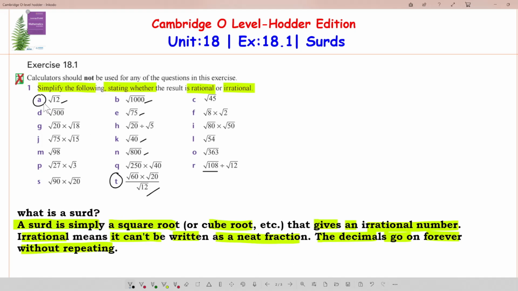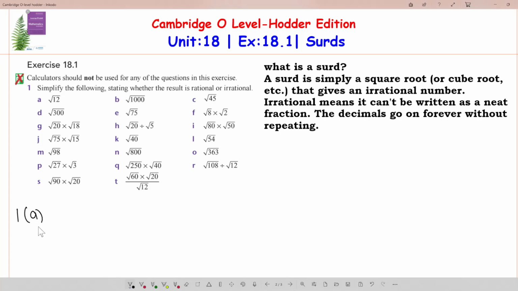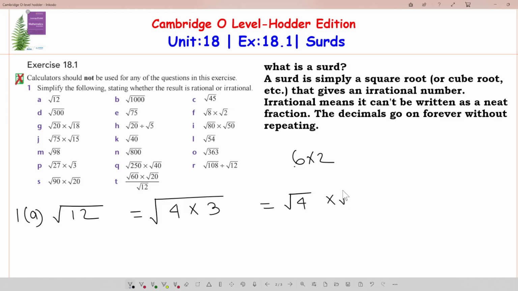So first one, 1a, root 12. For these kinds of questions we have to find the highest factor. Here 12 we can write as 4 times 3, but why not 6 times 2? We cannot write 6 times 2 because 4 is a perfect square. So we write root 4 times root 3.